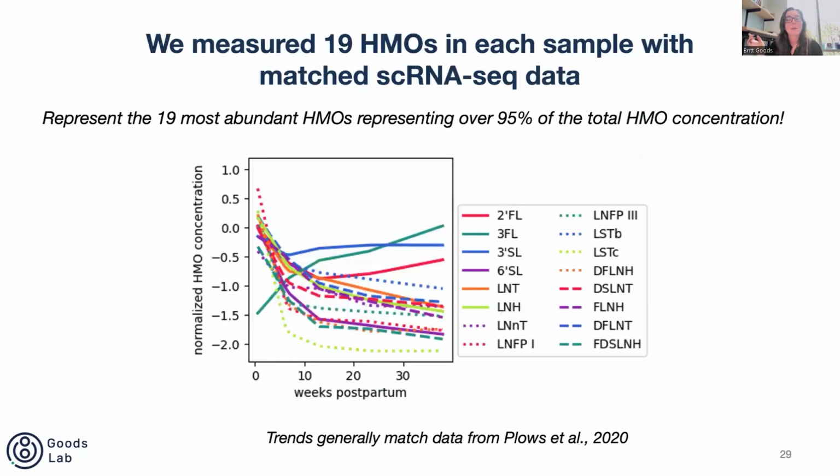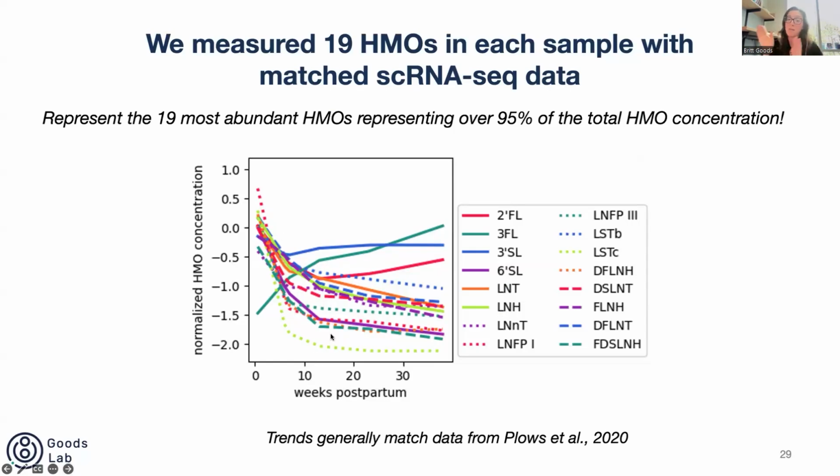So if you remember earlier on, I told you that we collected HMO data. So here is the HMO data. And so this was, again, collected by Dr. Lars Bode's lab. And so you can see this is weeks postpartum. And I think we collected for the top 19 most abundant HMOs, which are shown in these different colors and patterns here. And then you can see the normalized HMO concentration as a function of weeks postpartum in the data set.